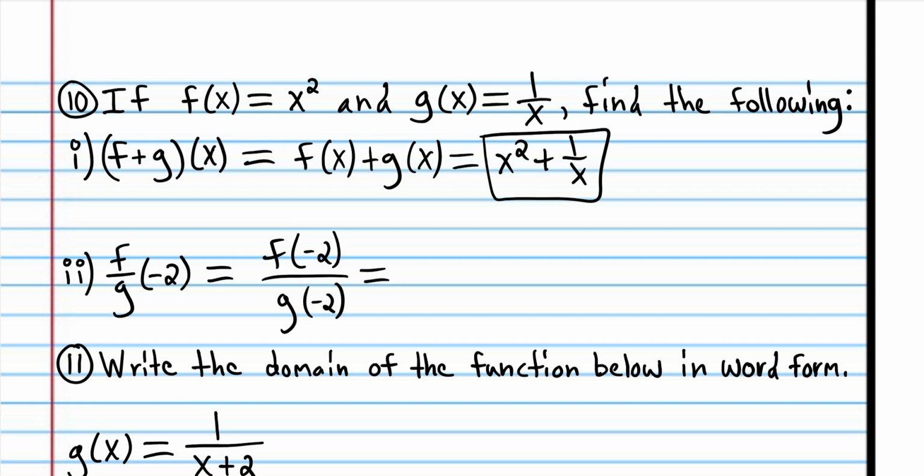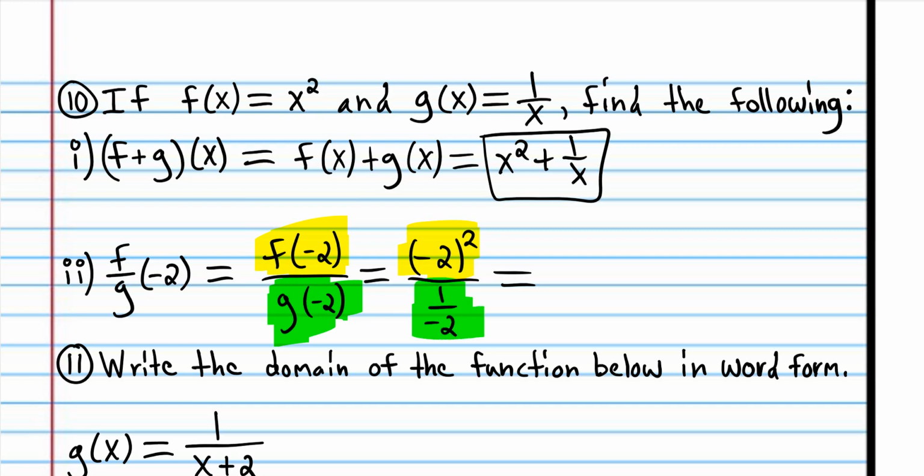So f of -2 is -2 squared, and g of -2 is 1 over -2. So just to be clear, f of -2 is that, and g of -2 is that. So -2 squared is 4.